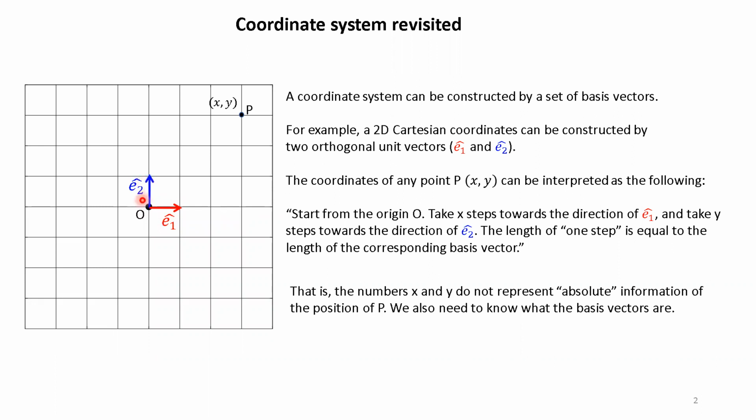So when I say that I have a point P which has a coordinate (x, y), what it really means is that, suppose you start from the origin point O, you take x steps along the direction of e1, the first basis vector, and then take y steps along the direction of the second basis vector e2.